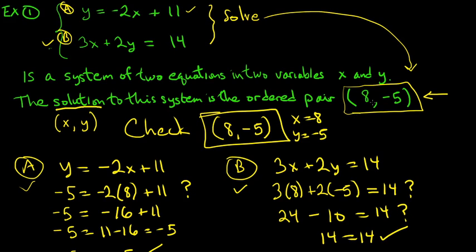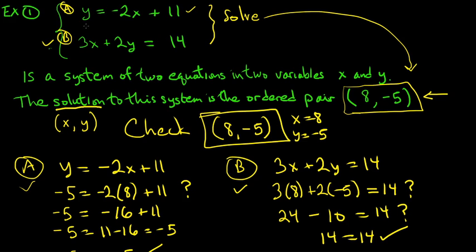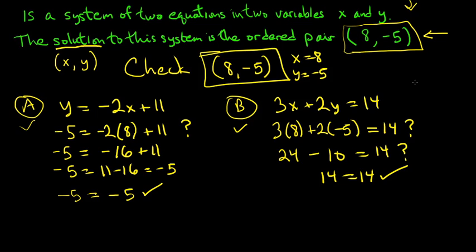So this is something you should do every time you solve a system of equations: take the numbers, plug them back into both equations, and check to see that those equations are true. So what happens if it wasn't the solution? Well, you might get an equation something like 3 is equal to -17.